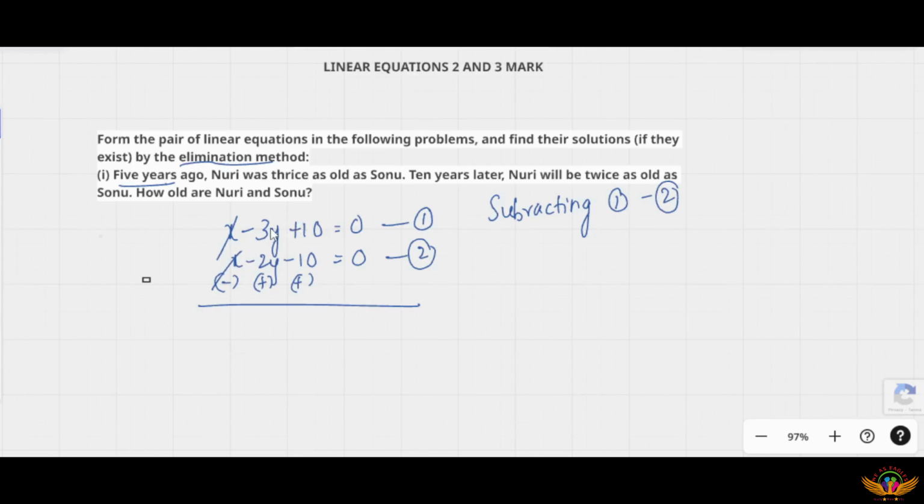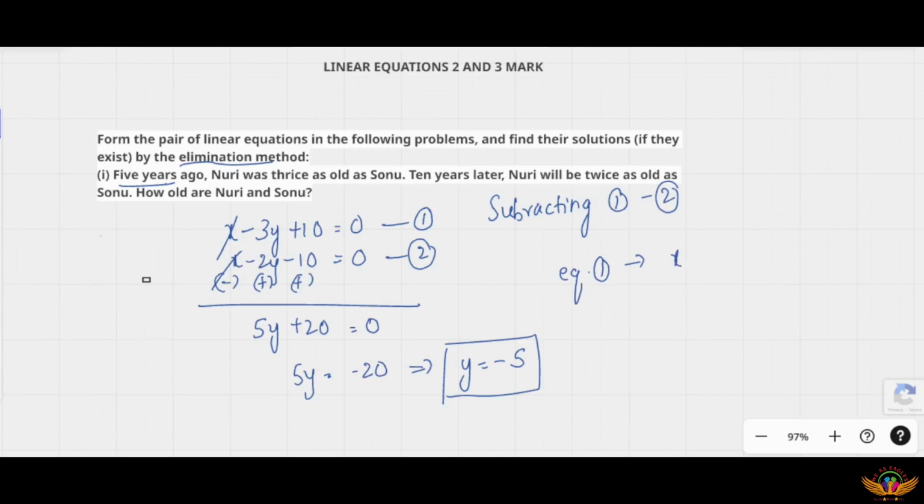x cancels. Minus 3y plus 2y. This sign will be applied here, not this sign now. 3 plus 2 is 5y. 10 plus 10 is 20 is equal to 0. 5y is equal to minus 20 and the y value is equal to minus 5. And this y value I have to substitute in equation number 1.